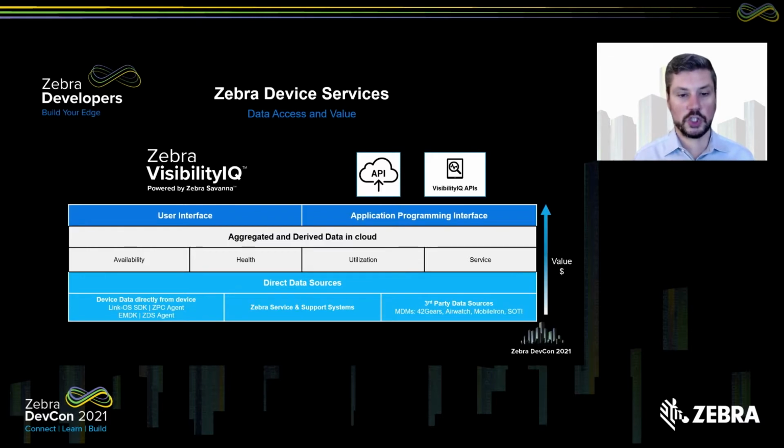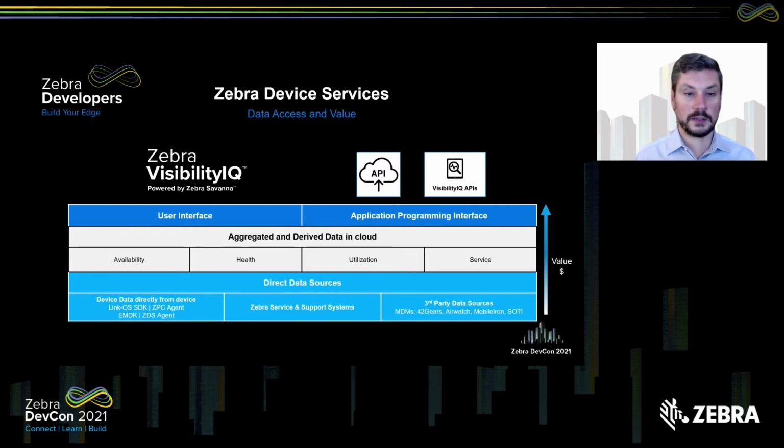These agents ship with the devices, and they collect a host of information. On the mobile computer side, this is collecting more information than what is available through either standard Android APIs or through the EMDK. So there's some value add and uniqueness there.